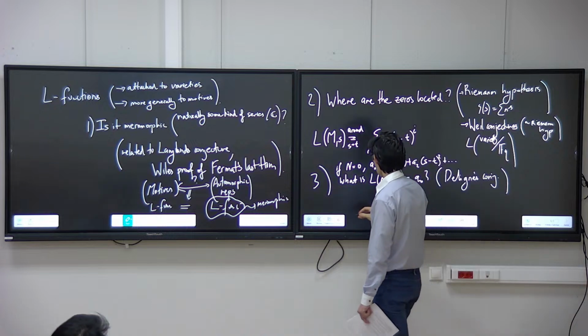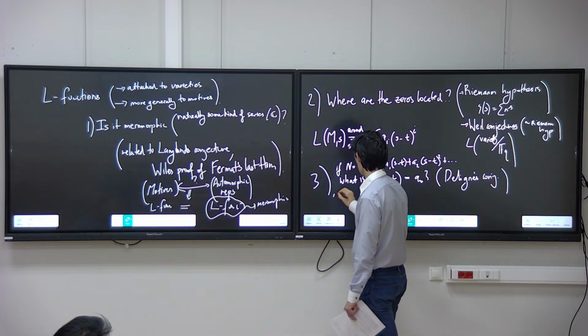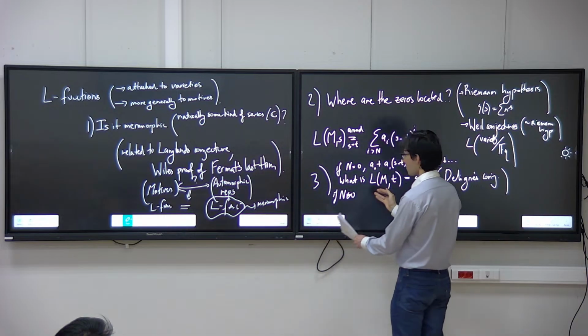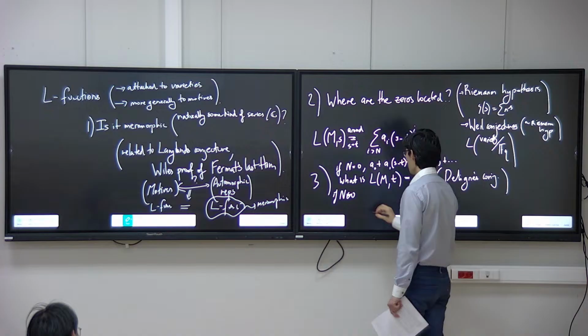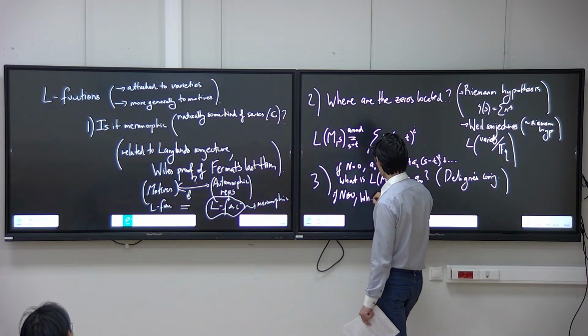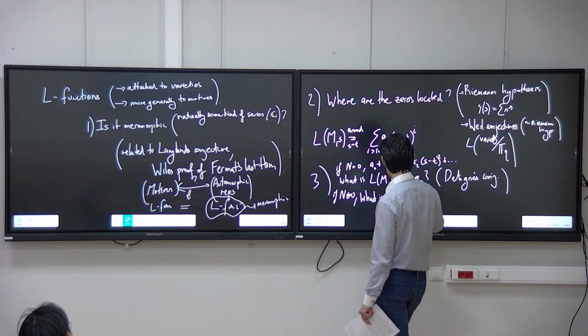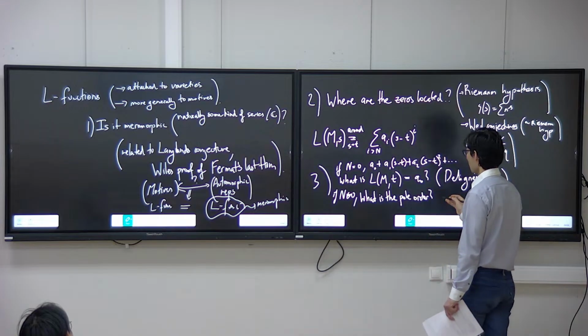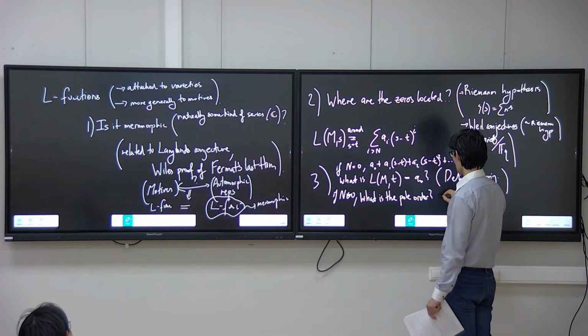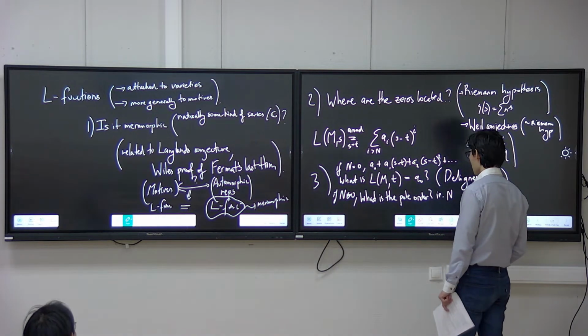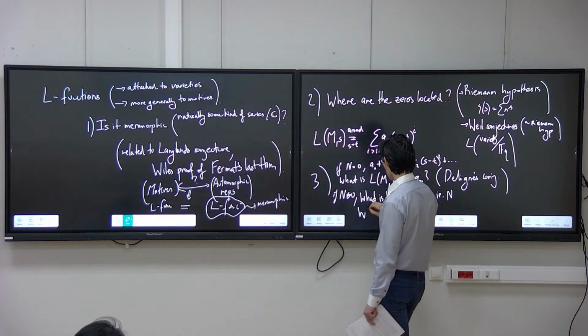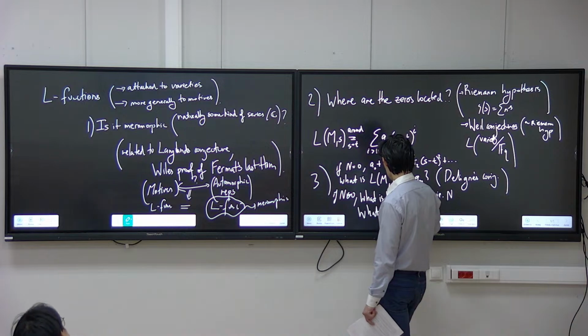You can also ask, if n is not equal to 0, so in particular if there's some pole or some zero, what is the pole order? The pole order is the value of n where it starts from. Or you can ask, what is the leading term?